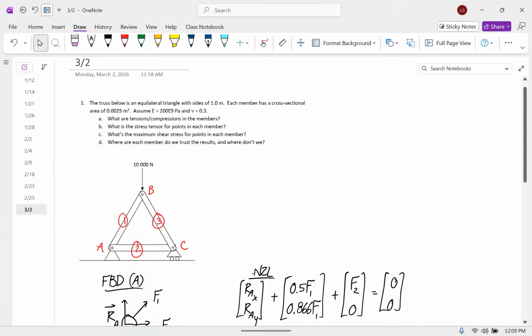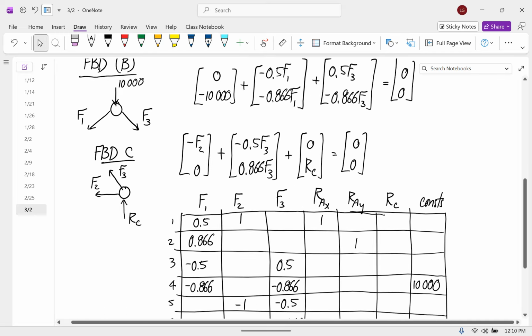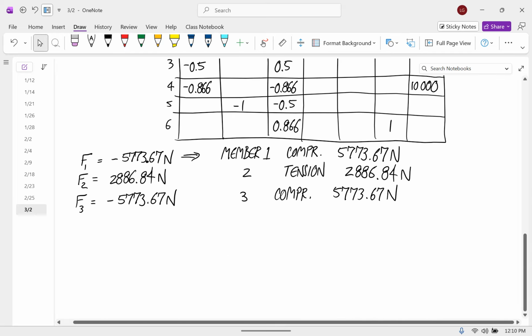And then the stress tensors, these are just in uniaxial tension and compression. So if we think of the x-axis as being along the member, they're only going to have x normal stress. And they all have a cross-sectional area of 0.0025. So I just have to divide by that.